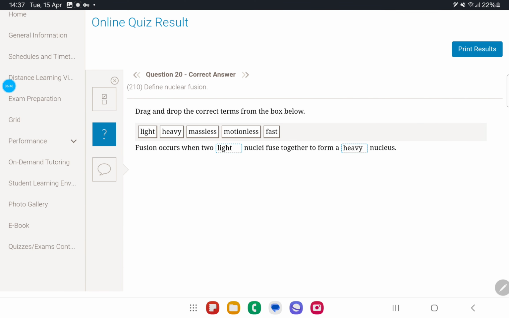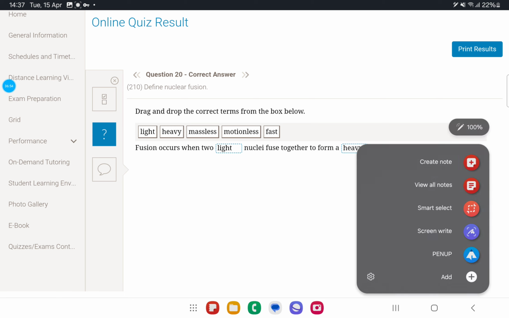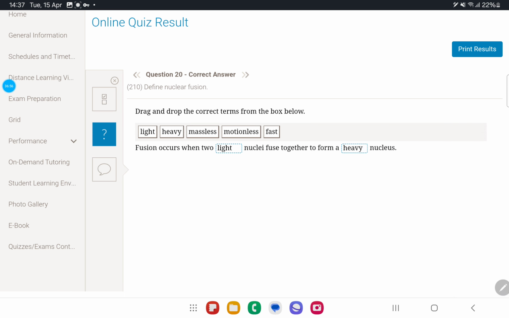Okay, for question 20 now. Fusion occurs when two light nuclei fuse together to form a heavy nucleus. Okay, just memorize this. This is just a definition. Fusion is basically when two nuclei, which are light, fuse together to form a heavy nucleus.